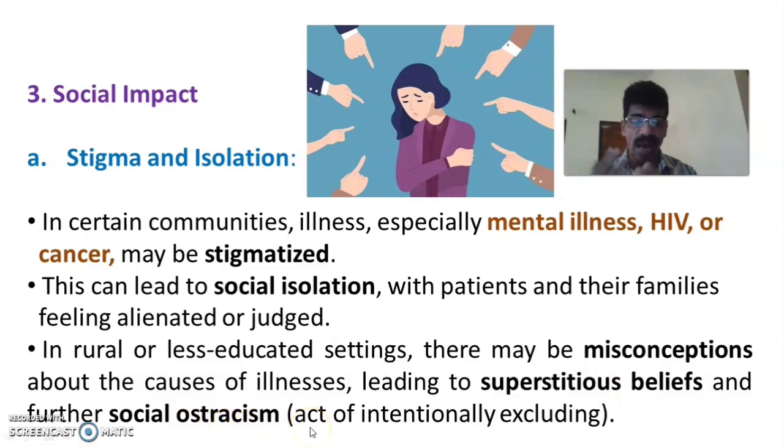Ostracism is the act of intentionally excluding the family or the patient from social activities. That is present in rural areas and less educated settings. These all are the stigma and isolation under social impact.